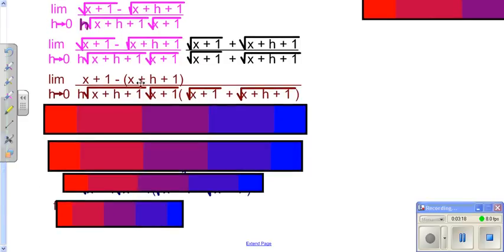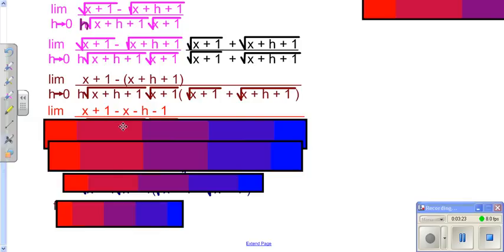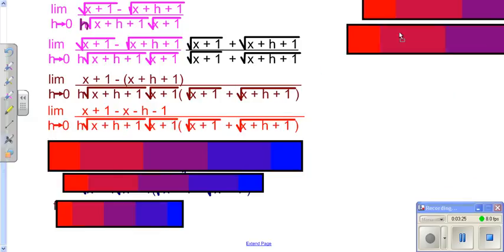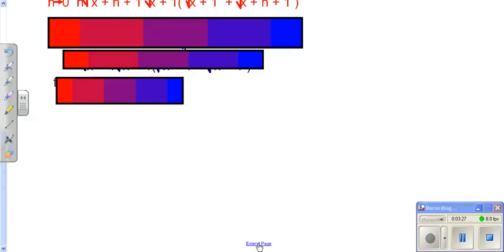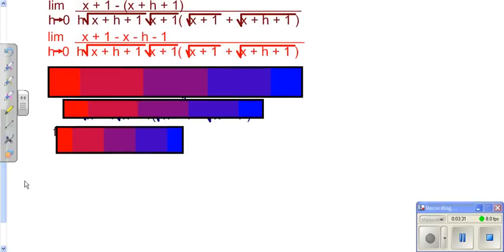Now here we can eliminate the parentheses on the top by distributing through the negative. You'll notice then that you can combine like terms. The x's drop, the 1's drop.